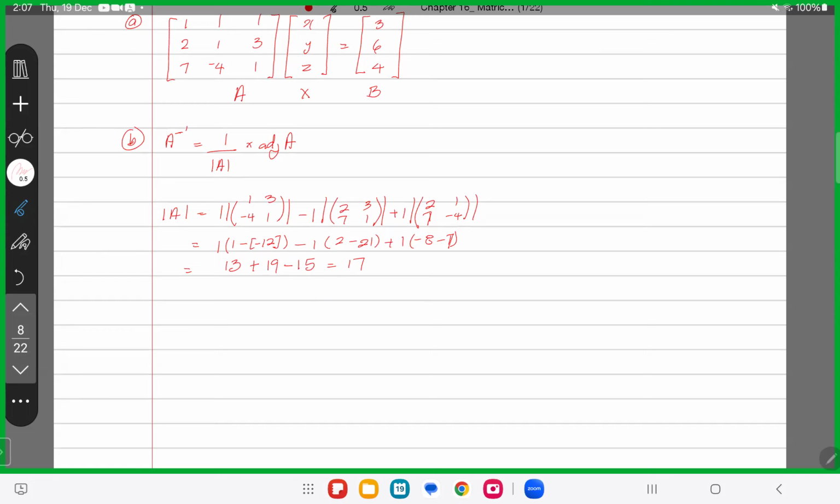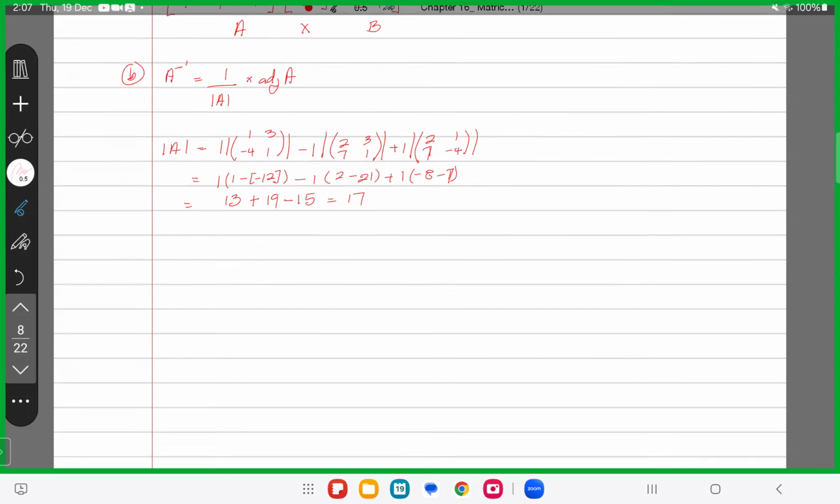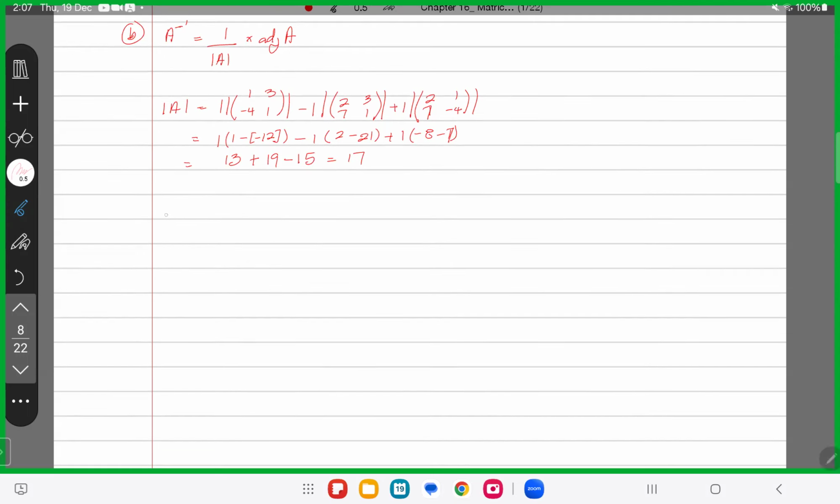In order for me to get the adjoint matrix, I need first the matrix of cofactor. For the matrix of cofactor, I first need the cofactor of every element. So let's start with the first row. Second row.